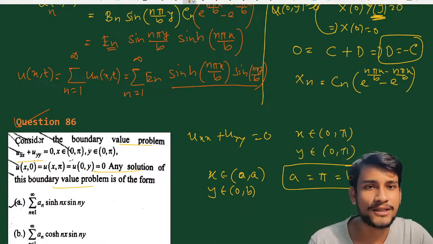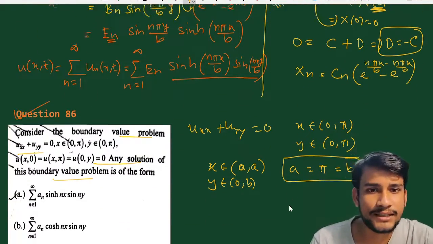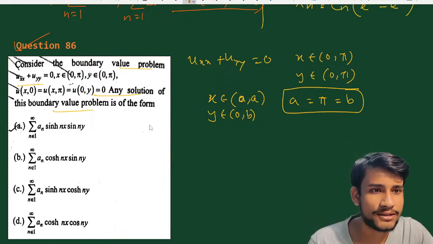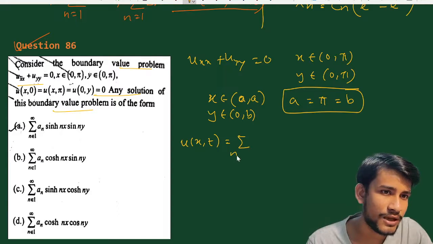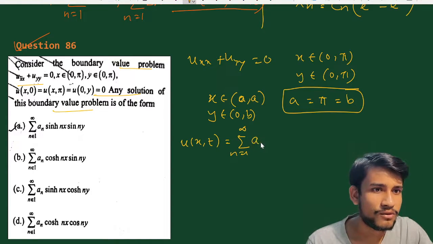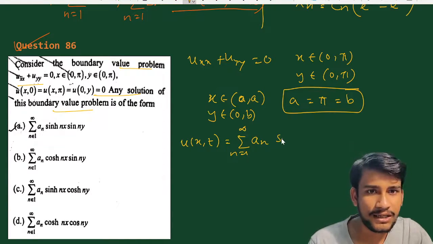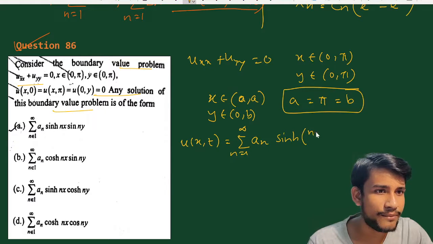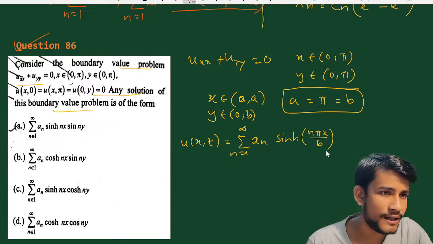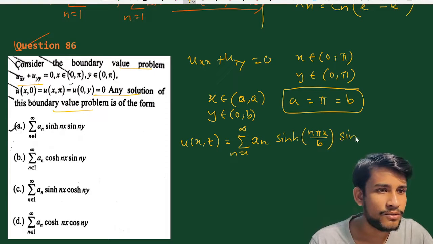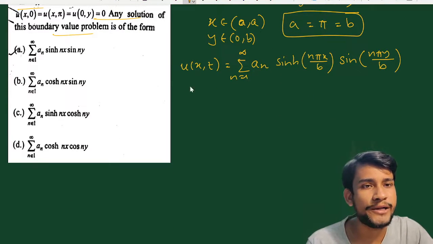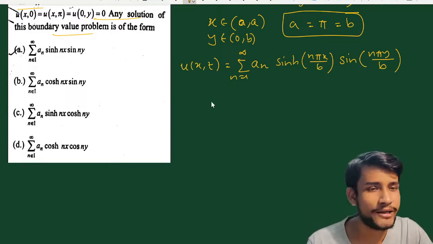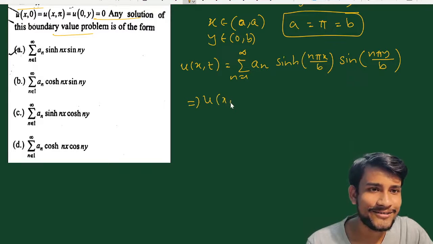So the above solution is what? u xy, so the solution, just write here u xy, this is equal to summation n equal to 1 to infinity, one constant term, suppose a n, into sine hyperbolic n pi x by b into sine of n pi y by b. Clear? If we put a equal to pi and b equal to pi, then we get the answer.